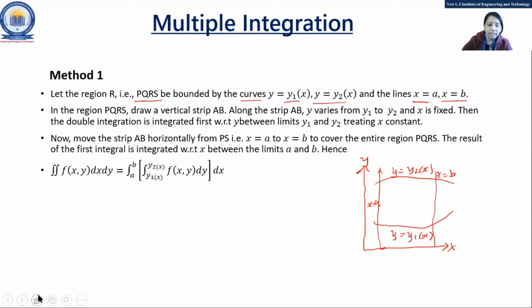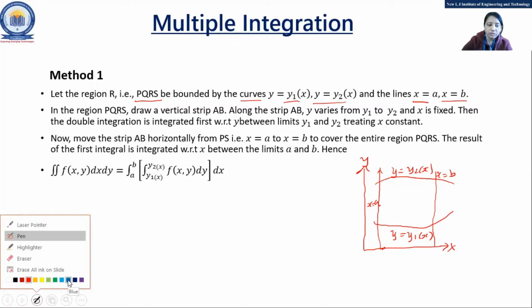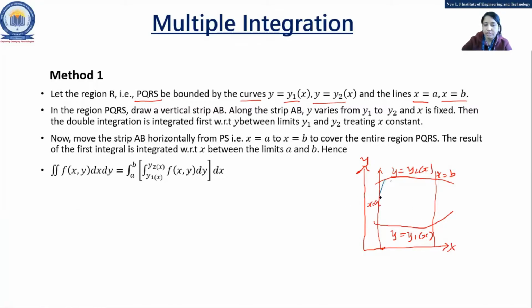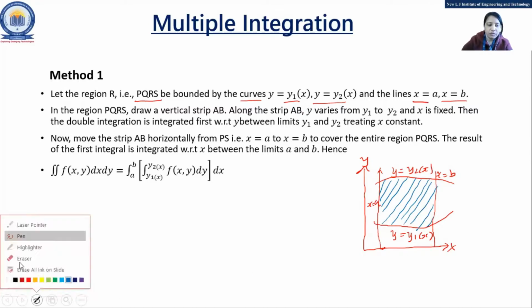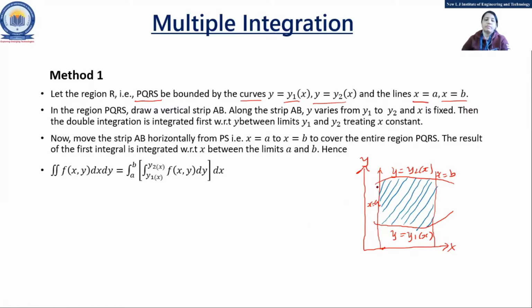Now you can see this is my region. The method starts from here, the first method. PQRS is a bounded area, so let's say this is my P, this is Q, this is R, and this is S. Now, in the region PQRS, draw the vertical strip AB.